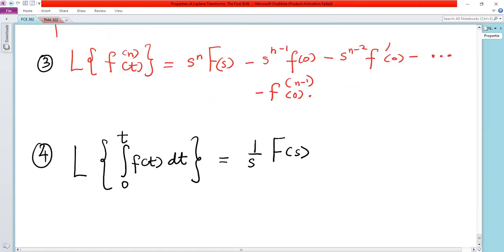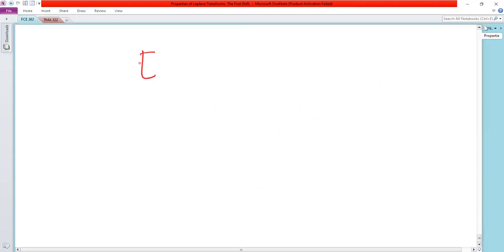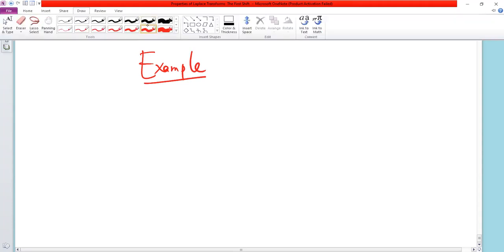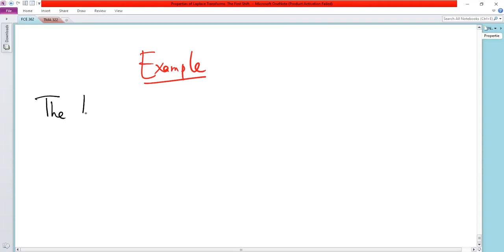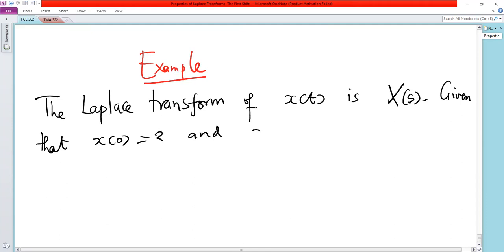So an example. The Laplace transform of a function x of t is capital X of s, given that the value of the function at 0 is 2 and the derivative of the function at 0 is -1.